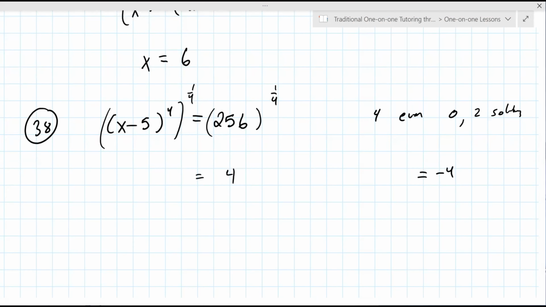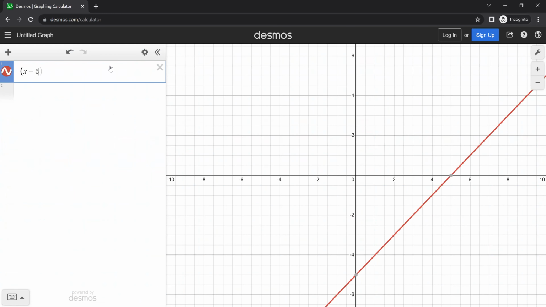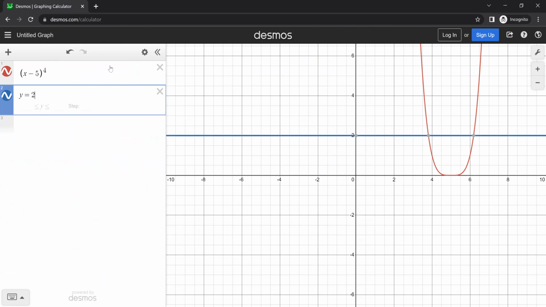Okay, now let me just show you this graphically since we've got the time here. On the left here, we're going to graph (x − 5)^4 and then y = 256.